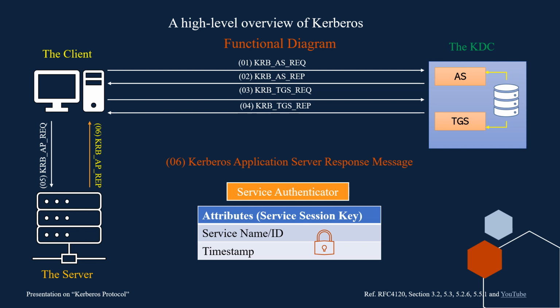So when a message is sent, there is a timestamp, and if it is more than 2 minutes late, then Kerberos will discard the message. So timestamp is really very important. So after verifying all those things by the Kerberos protocol, the client will be able to access the server for its purpose.